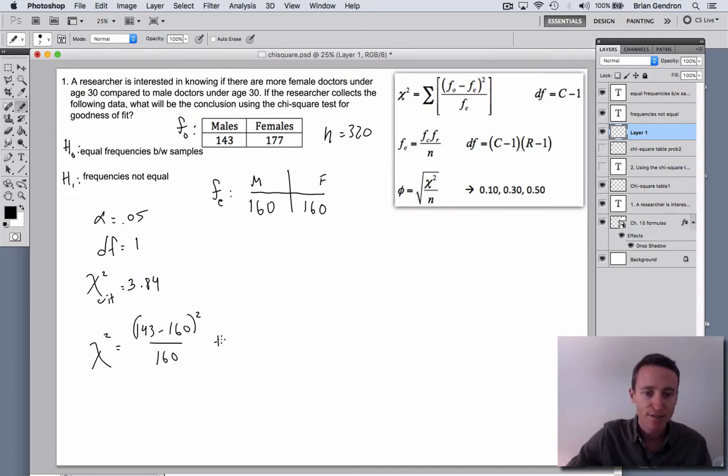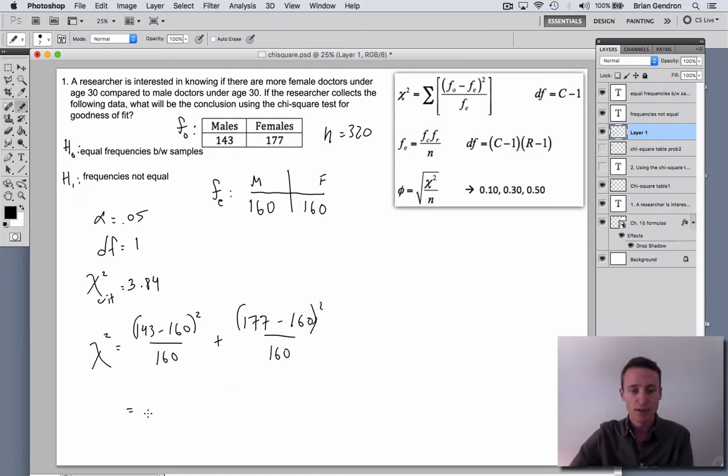So then we do that for the females as well. The observed value of 177, subtract the expected value of 160, square that difference, and then divide by the expected value again. Okay. So let me go ahead and do those calculations.